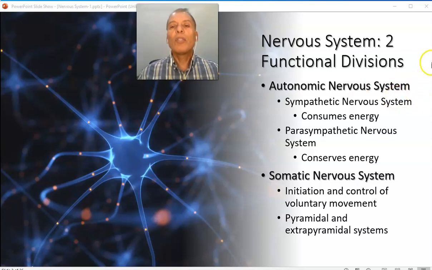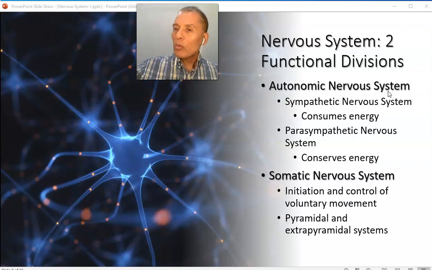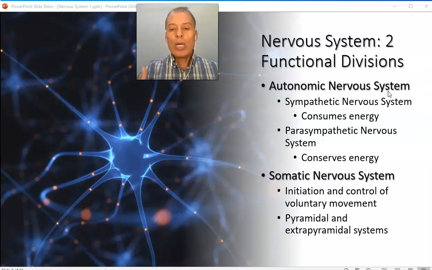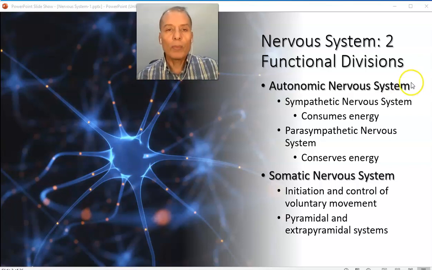So first we have the autonomic nervous system, which includes all the parts of the nervous system dedicated to the automatic operations of the body, like how you sweat, for example, how your heart rate is regulated without your control, your blood vessels dilate to lower pressure and constrict to raise pressure, breathing, digestion, and so on.